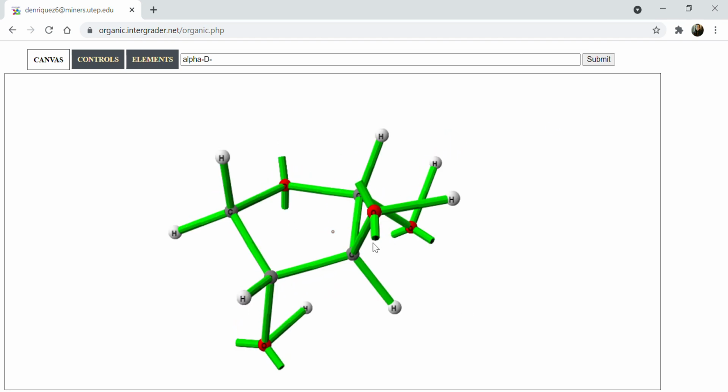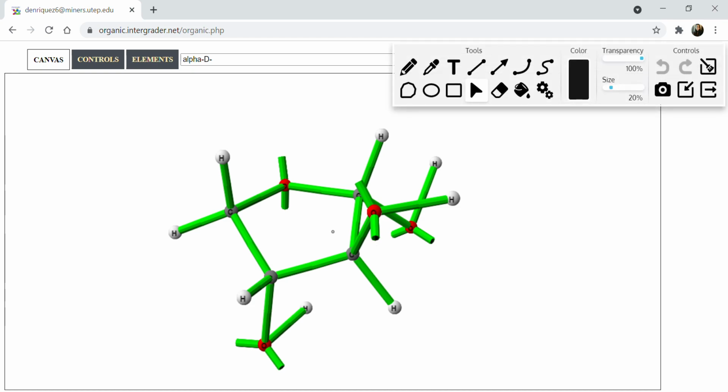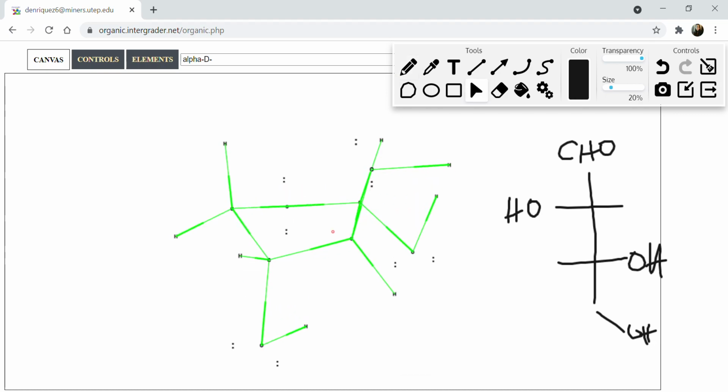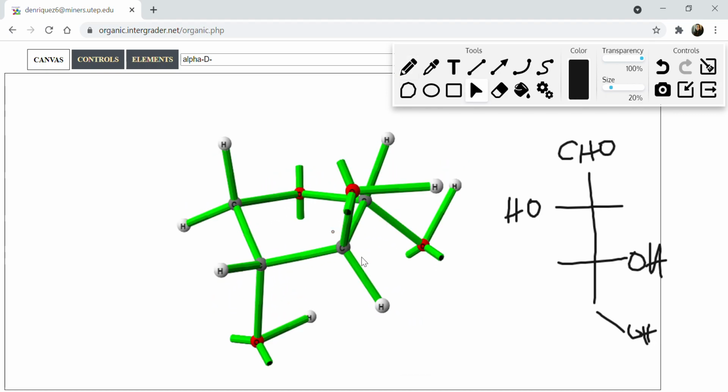Okay, so then we go to our code. I'll just go ahead and do a little example of what I mean. So when I'm comparing to the Fisher projection, we have our CHO at the top, that's the carbonyl, and then we have our threose, and then we have all this other stuff. So we disregard this one.